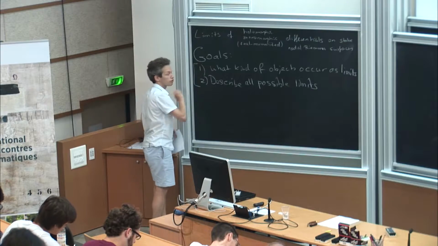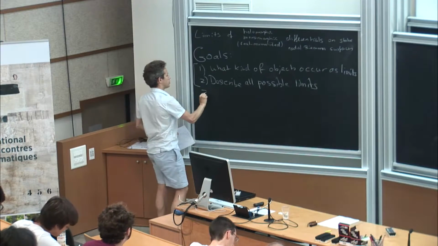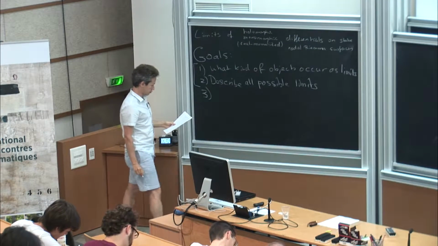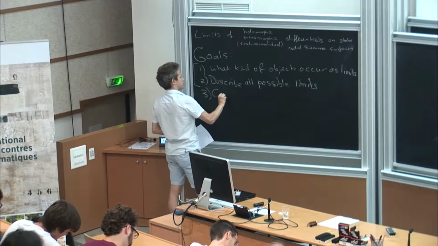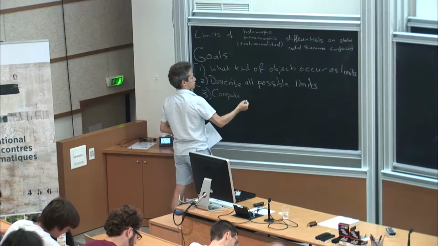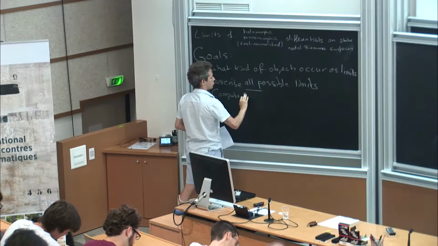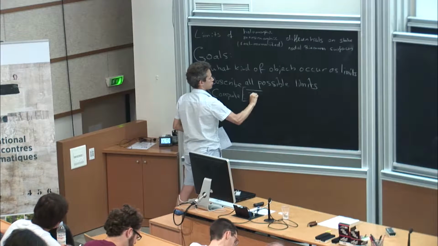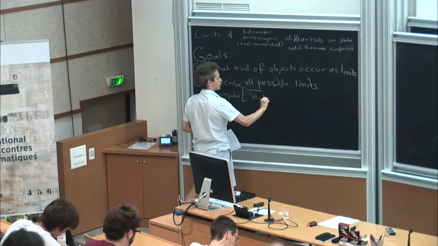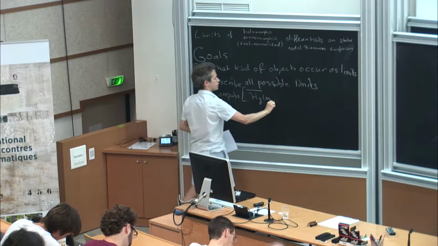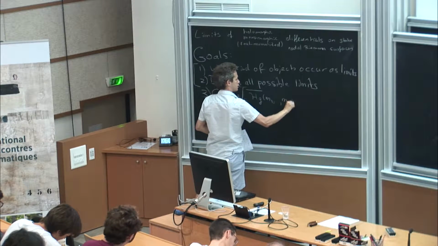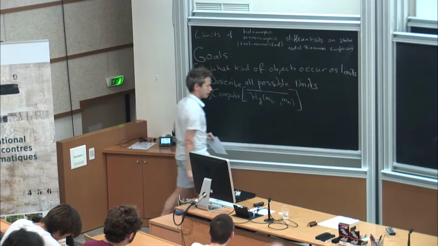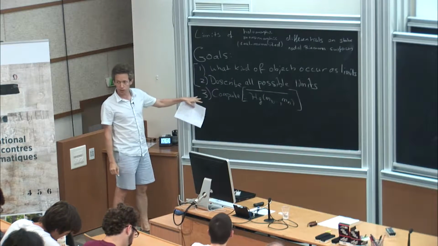And I will only talk about these two. What Adrian talked about was goal number 3, which is compute the class of the closure of a stratum of abelian differentials. Well, for me, meromorphic differentials would be perfectly as interesting because they have to occur anyway. And this is what Adrian talked about.